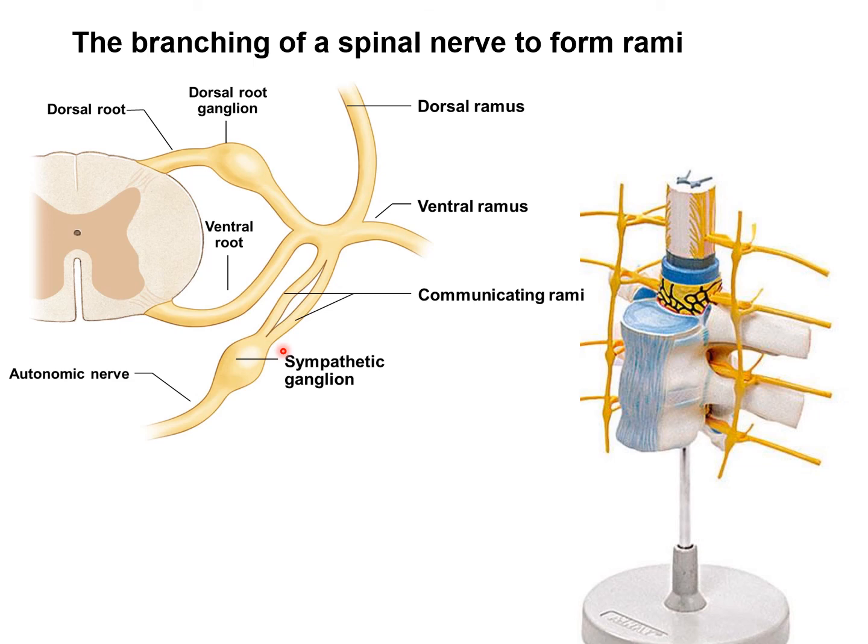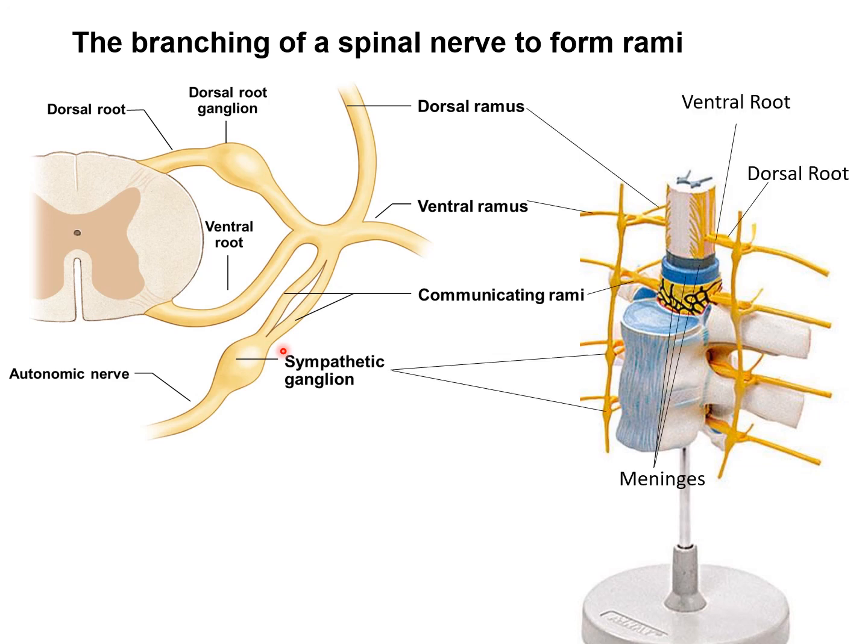There is a model in the lab, and I just want to point out a couple of things on this model now so that you know what you're looking at. Spinal cord within the spine. Here we can see some of the ribs, so this must be in the thoracic region. We can see gray matter a little bit up here surrounded by white matter. We can see dorsal and ventral roots coming in and out of the spinal cord.